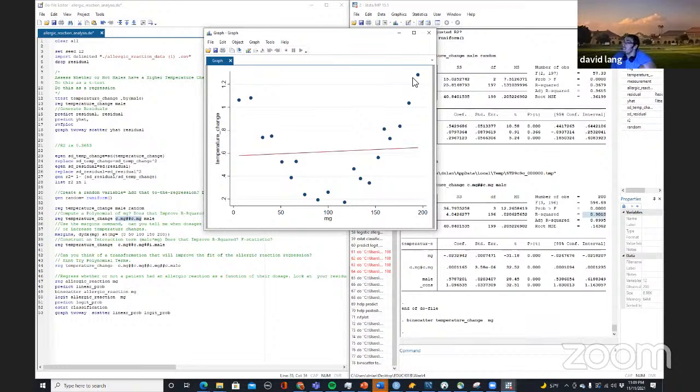temperature change increases. There are a couple of things that I do want to emphasize: while I might occasionally be sloppy and use causal language here, that doesn't necessarily mean that there's a causal relationship. It could be that, for instance, individuals who need more than 100 milligrams of this drug are just generally sicker.